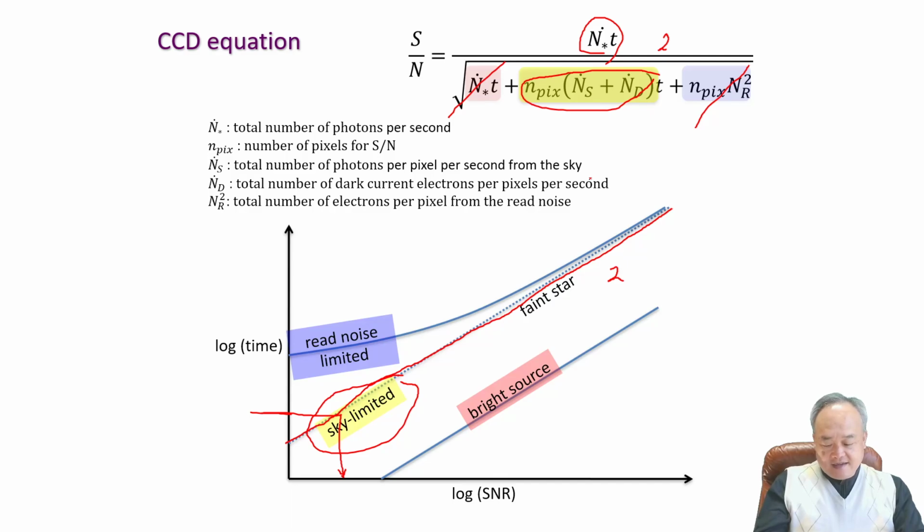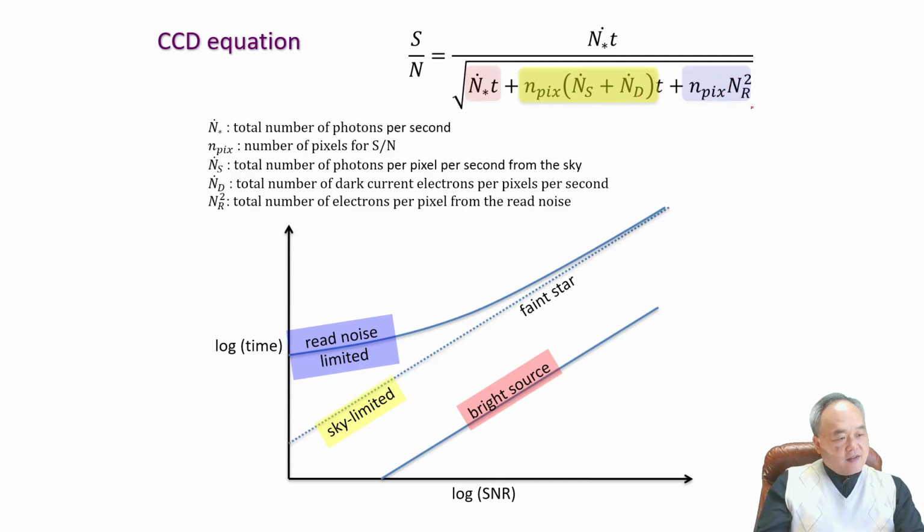Then lastly, when the observation is dominated by the readout noise, can we think of a realistic case of readout noise dominance? Yes, when the dark current and the sky noise are almost negligible, that means we are observing in the visible wavelengths.